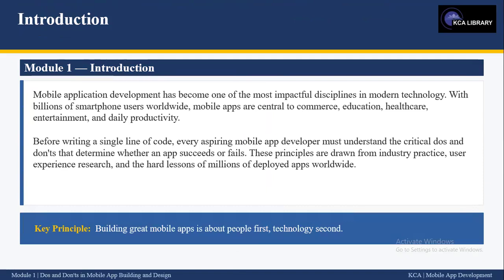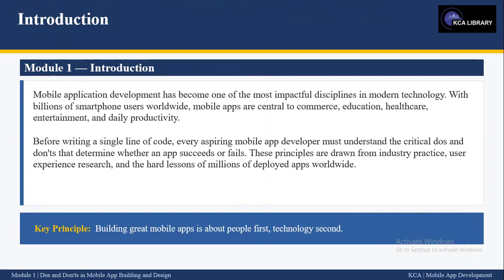Introduction. Mobile application development is one of the most influential domains in modern technology, with billions of smartphone users globally. Mobile applications play a central role in areas such as commerce, education, healthcare, and entertainment.